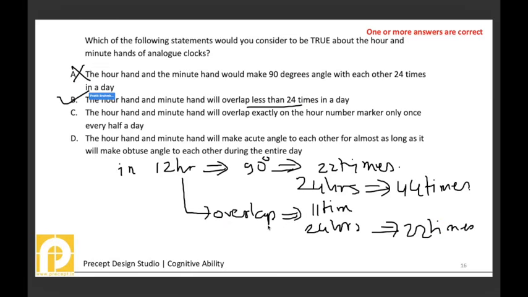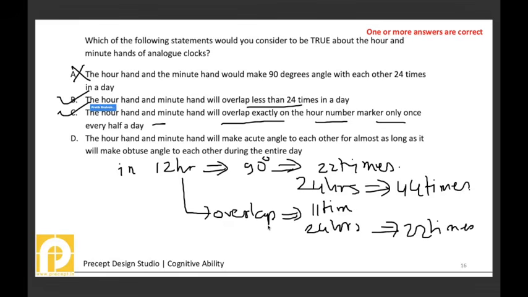So B is correct. Next, the hour and minute hand will overlap exactly on the hour number marker only once every half a day. The hour number marker is 12. They will overlap at that particular point only once every half a day, which is 12 hours. They come back to that original position at 12 o'clock, which is true.